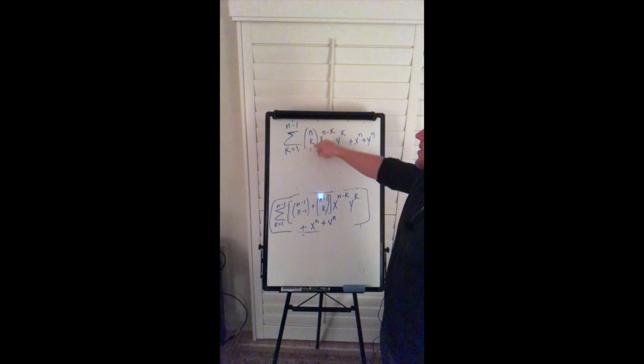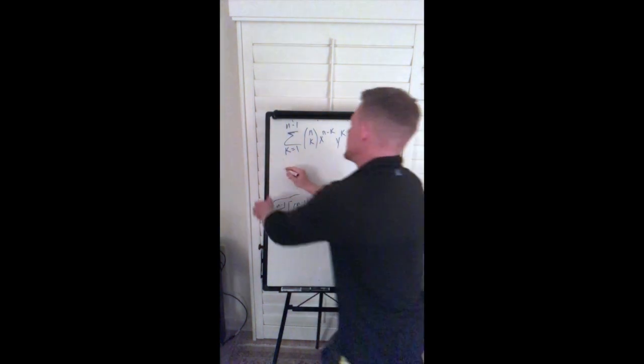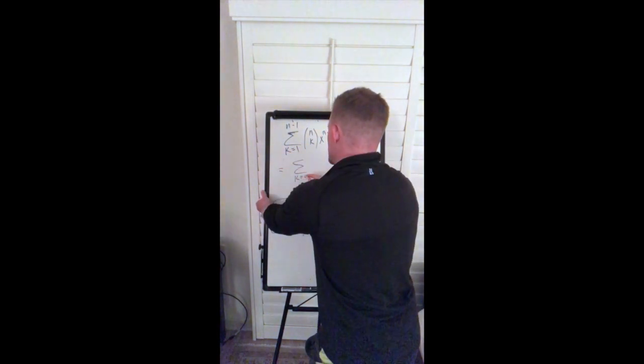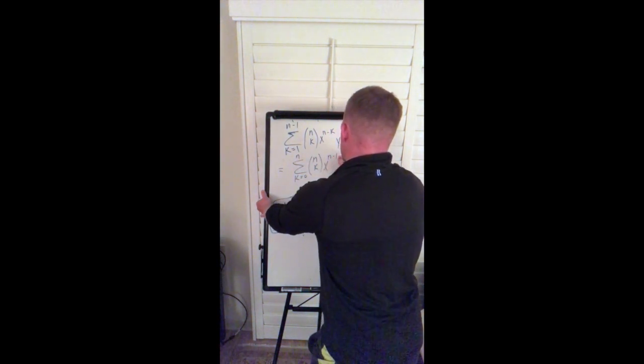We'd be left with n choose n, which is 1, x to the n minus n, which is x to the 0, which is 1, times y to the n. So we're left with y to the n, which is that piece. So this is just equal to the summation from k equals 0 up to n of n choose k, x to the n minus k, y to the k.